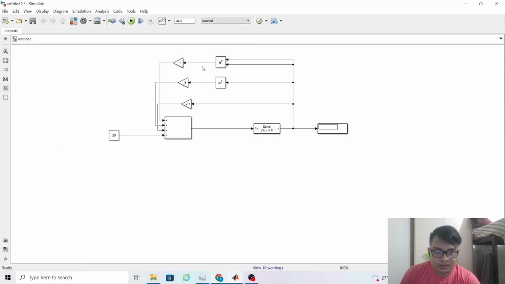So here's the model. It's going to be 1, negative 4, and negative 11, and a constant of 30. Now let's find the root. Let's start the simulation. So the root is 1.2806. So this is the root for f(x) equals 0.